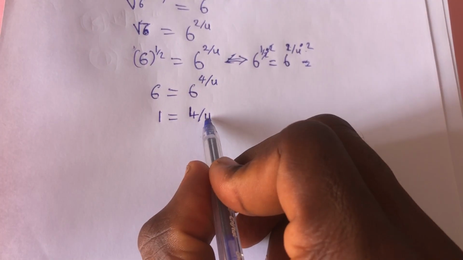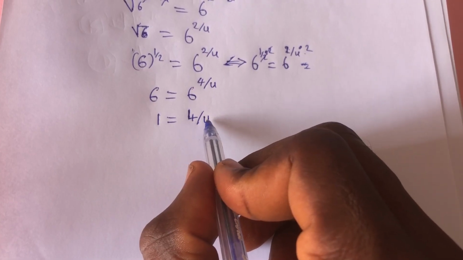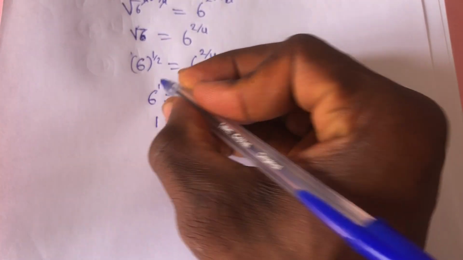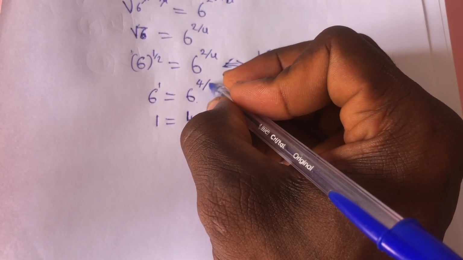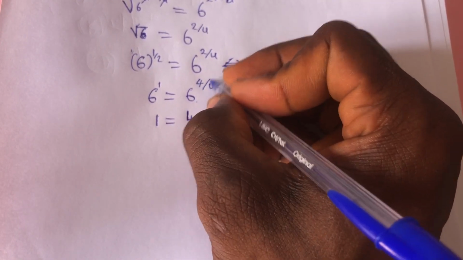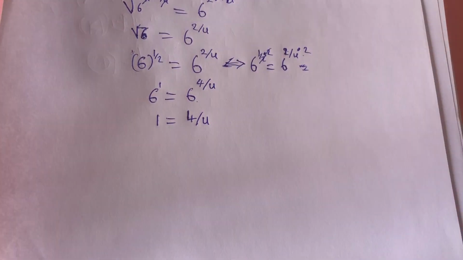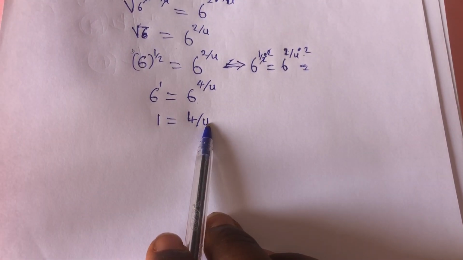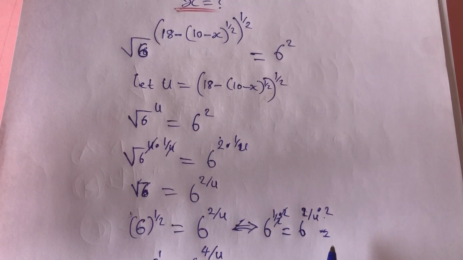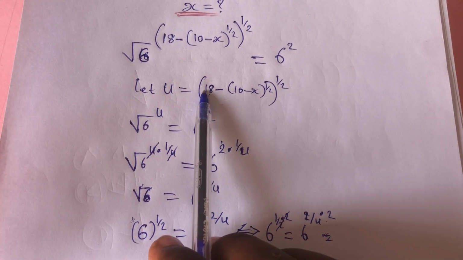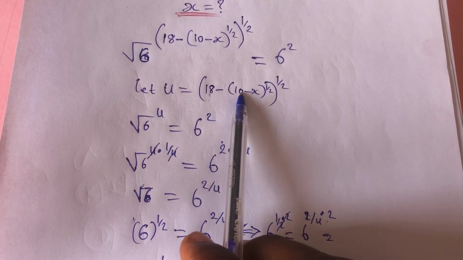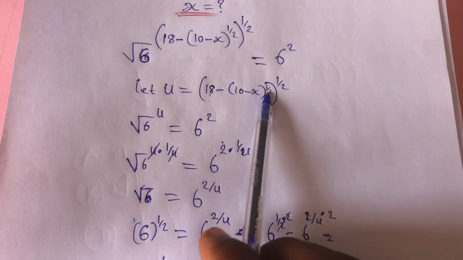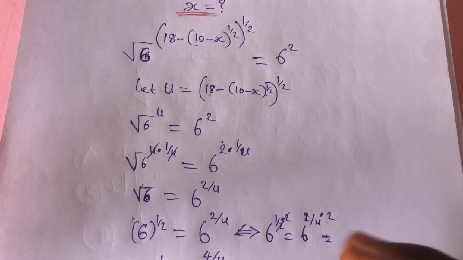So since 1 is equal to 4 over u, because the bases are the same and the exponent 1 is equal to the exponent 4 over u, we can now substitute back what our u is. Our u is what? 18 minus 10 minus x raised to the power 1 over 2, raised to the power 1 over 2.